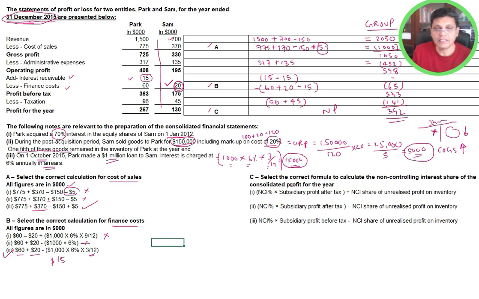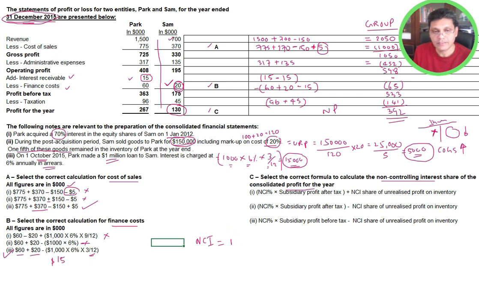And finally, select the correct formula to calculate the non-controlling interest share of the consolidated profit of the year. So now here, if you want to identify NCI, what you should do is calculate non-controlling interest. This is the total profit of the subsidiary, 130.